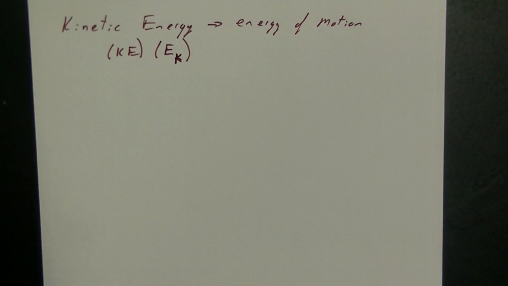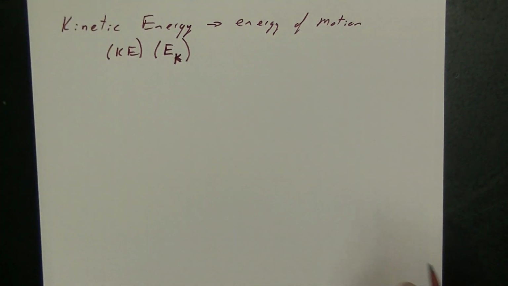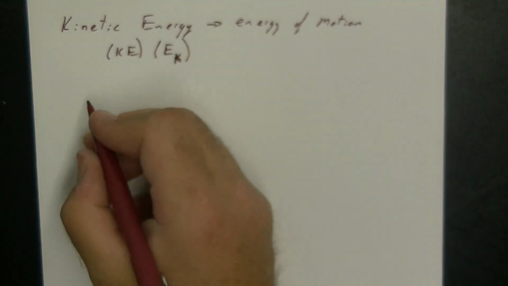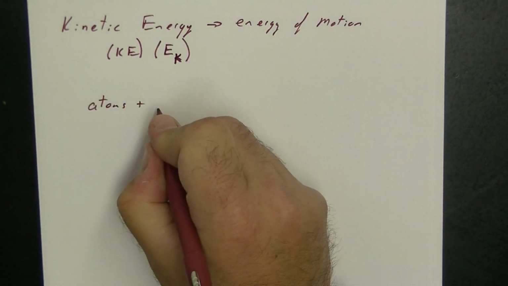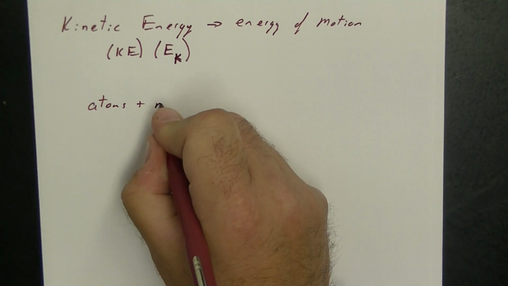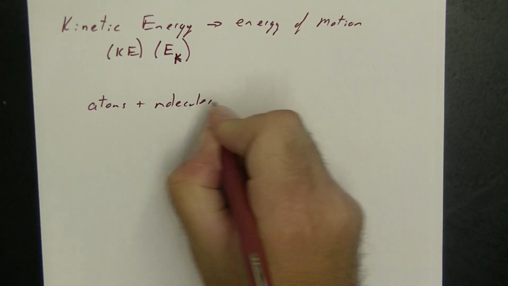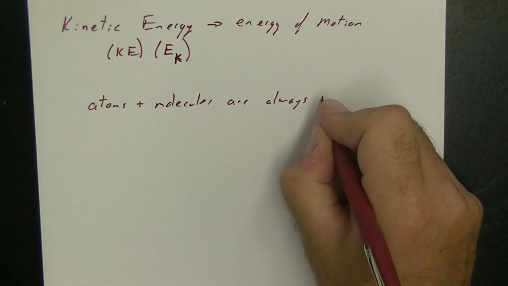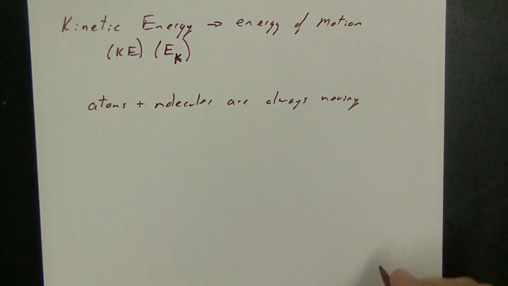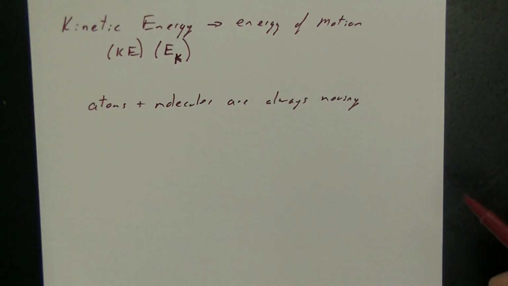Atoms and molecules are always moving. Now, we talked a little bit about particle motion last lecture. All right, so remember, the particles are always moving, no matter what phase they're in.